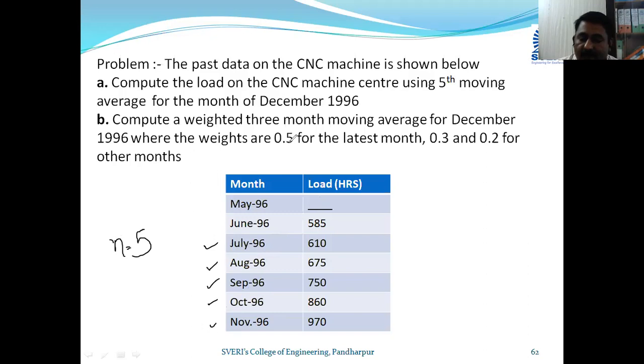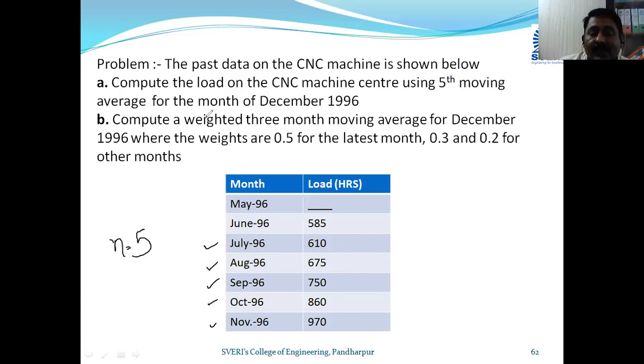So I will say that the load for the CNC machine in the month of December 96 is equal to the load for November plus load for October plus load for September plus load for August plus load for July, divided by 5. So you will get the answer, the load for December.